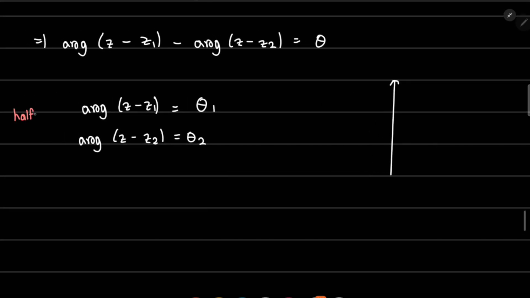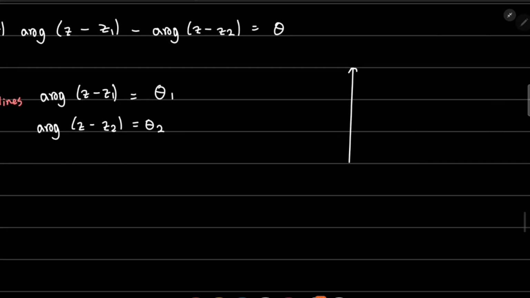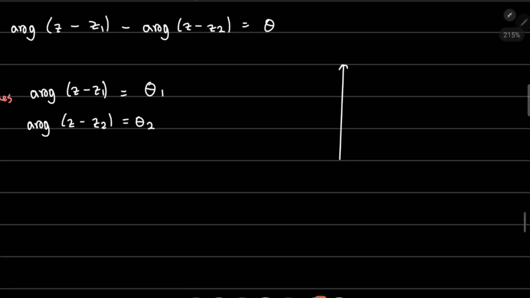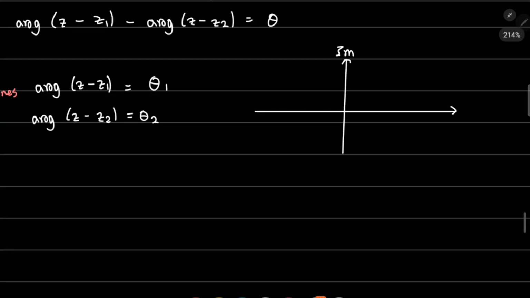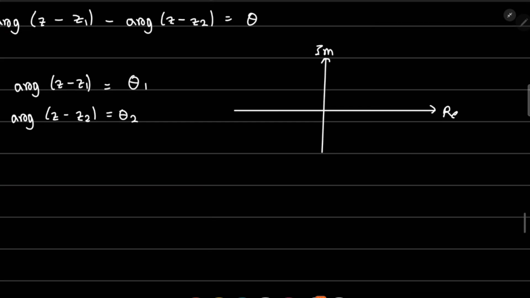So both of them are half lines that start at z1 and z2 and have an angle of theta 1 and theta 2 respectively. So if this is theta 1 at z1, and I have z2 with theta 2.